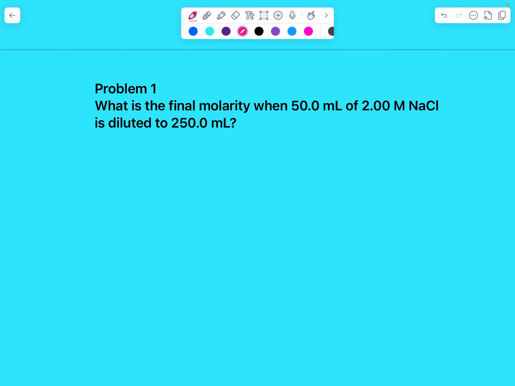What is the final molarity when 50.0 milliliters of 2.00 M NaCl is diluted to 250 milliliters? So let's identify the values. We're looking for the final molarity, but we know M₁ would be 2.00 M. V₁ is 50.0 milliliters.